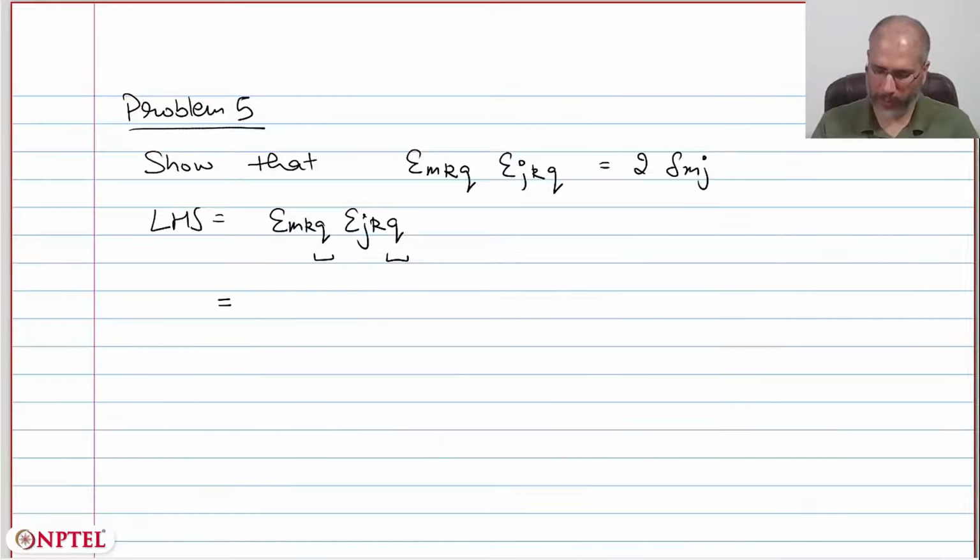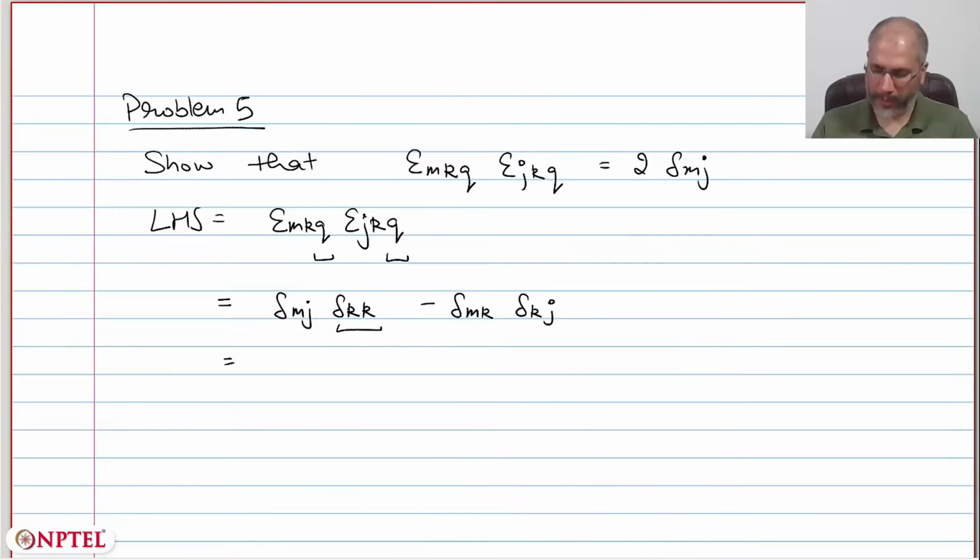So we can apply the epsilon delta identity, which says this product is equal to delta first times delta second minus delta second times delta first.